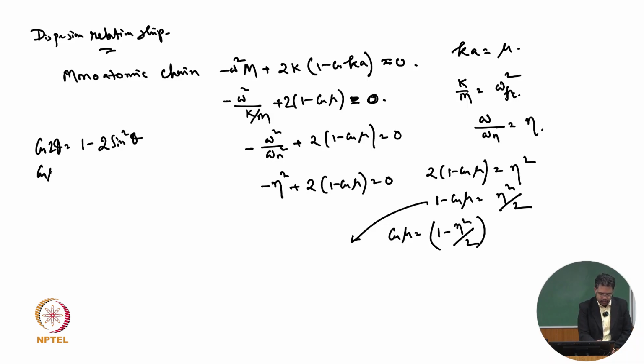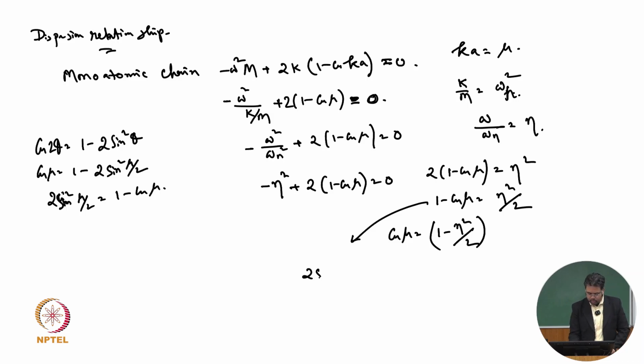So what can I write? Cos mu equals 1 minus 2 sin square mu by 2. So 2 sin square mu by 2 equals 1 minus cos mu. So can I write 2 sin square mu by 2 equal to eta square by 2? Can I say that? So sin square mu by 2 equals eta by 2 whole square.